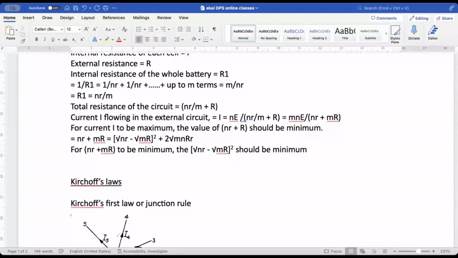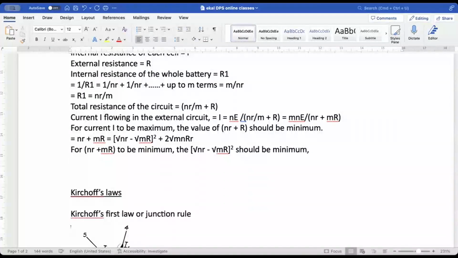Being a square, it cannot be negative, hence its minimum value will be 0. So we have root of nr minus root of mR equal to 0.